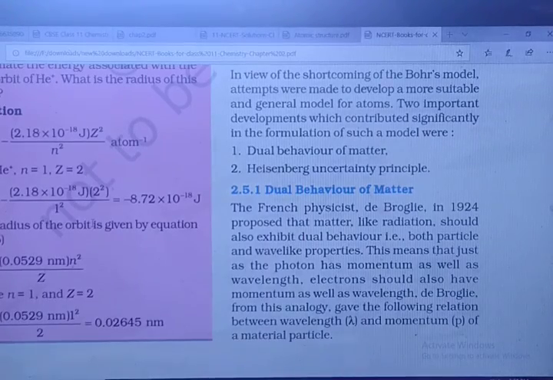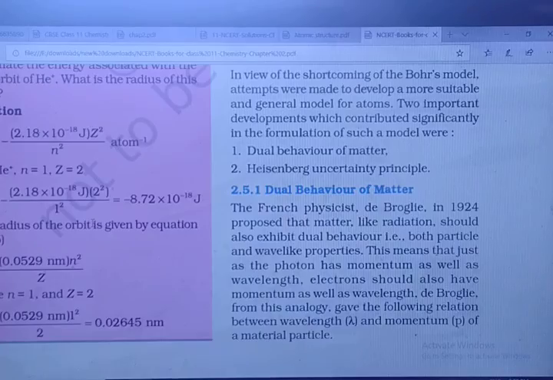Are you understanding now? As you have seen in the photoelectric effect, a number of electrons are ejected. Similarly, if a matter has both wave-like and particle-like properties, it means the photon has momentum, and similarly the electron should also have momentum as well as wavelength.